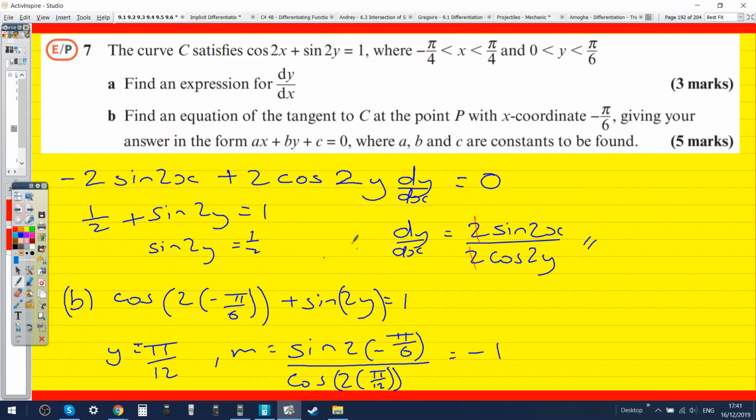Okay. So that means y is equal to minus x plus c. Therefore, wait, y is equal to pi over 12 minus x plus c.